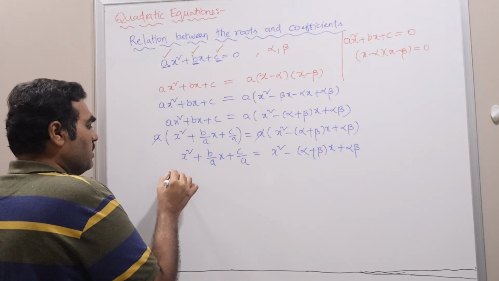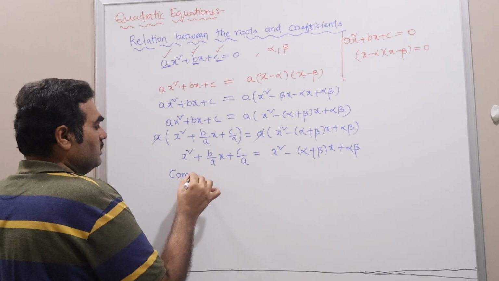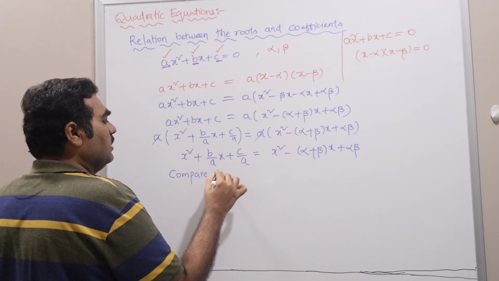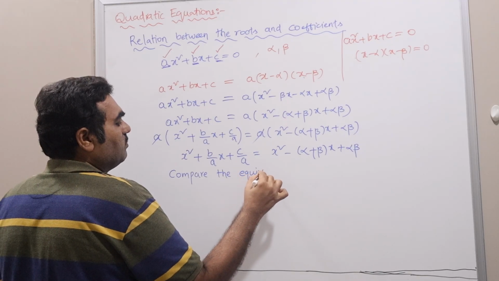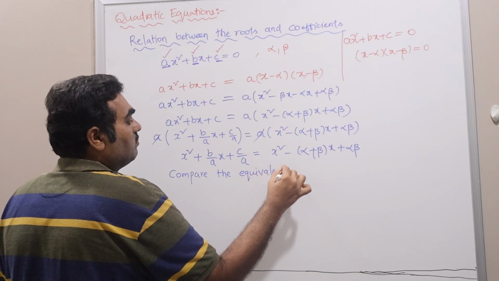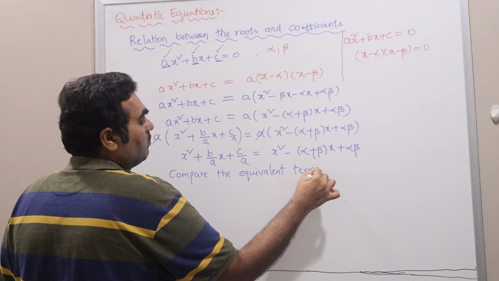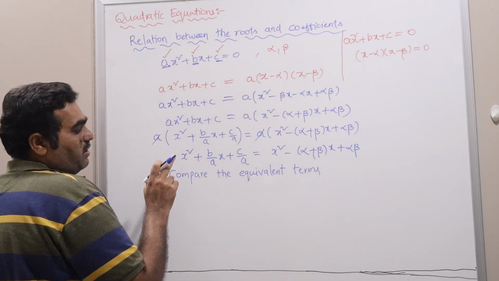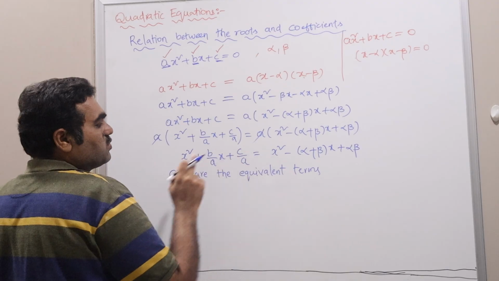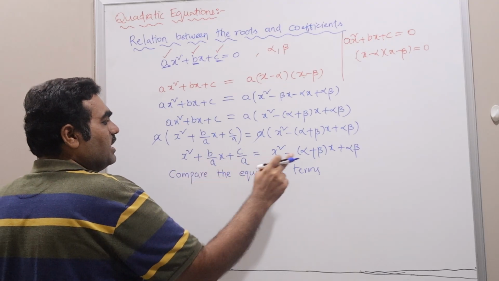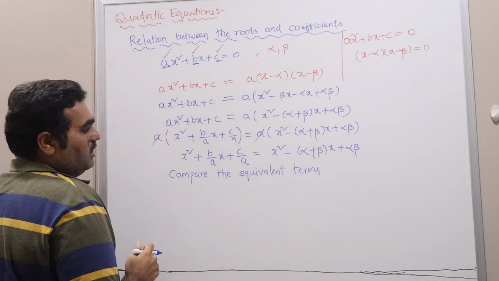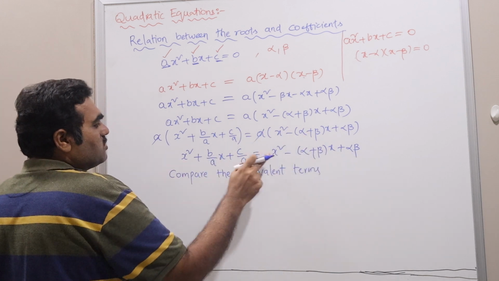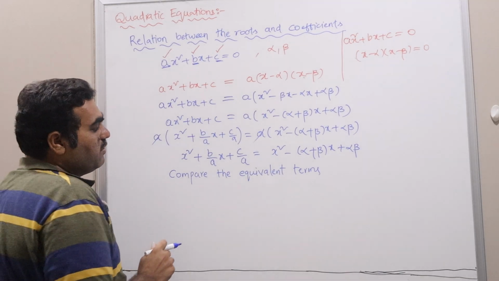Now compare the equivalent terms. That means you need to compare the x square term with the x square term, the x term with the x term, and the constant term with the constant term. The x square terms are equal, so there is no need to compare.